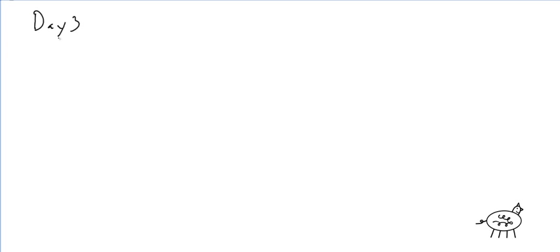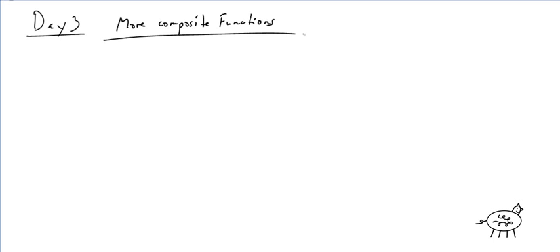And the first thing we're going to talk about is more composite functions. And remember, math fans, we talked about this actually on day 1. So let's just start out with an example here. Now, it was easy before. Before I just said what's f of g of x and g of f of x.